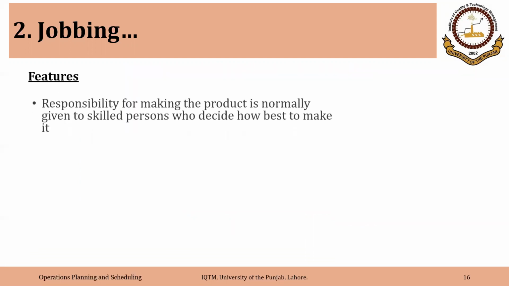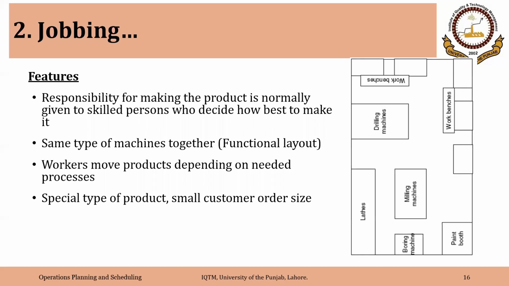So in summary, the features of a jobbing process are that responsibility for making the product is normally given to skilled persons, as I mentioned, who decide how best to make it. Craftsmanship is there. Same types of machines or processes are generally grouped together. So the type of layout is the functional layout.